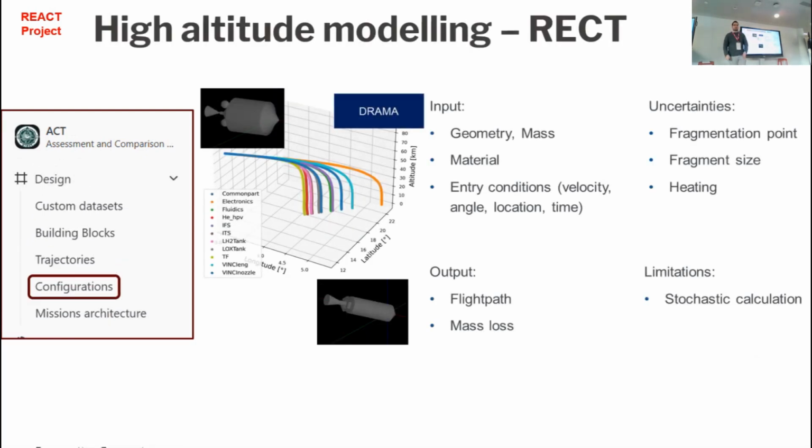Now let's talk about the way back from space to Earth. If we have an upper stage like this one, we've implemented the DRAMA tool here to calculate the mass loss within the atmosphere, depending on the geometry, the mass, the material of the launcher, and the entry conditions.